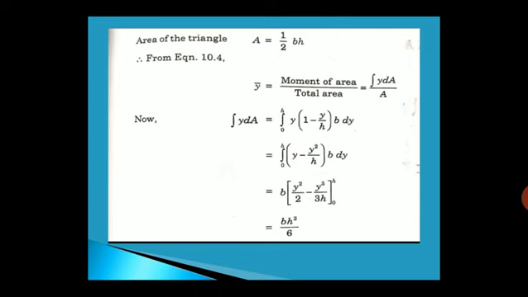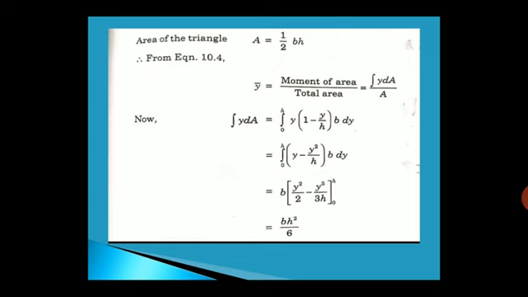Now area of a triangle, this formula is half base into height. So from the principle of moments, what we have got is y bar is equal to integration of y into dA upon A. That we have derived earlier. Now in this A value we know directly that is half base into height. So let us find integration of y into dA.